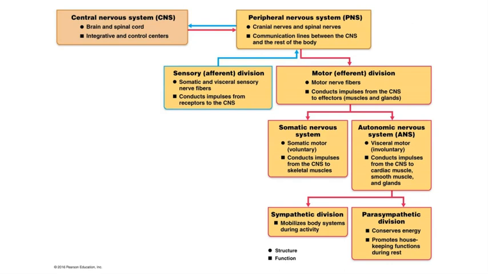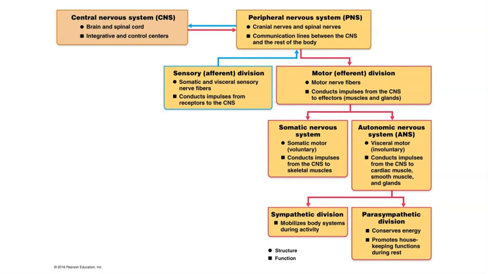So in addition to the anatomical subdivisions, the nervous system, in particular the peripheral nervous system, also has some functional subdivisions. The central nervous system functions primarily in a function called integration, which we will discuss shortly. The peripheral nervous system, on the other hand, is subdivided into the sensory functions and the motor functions.